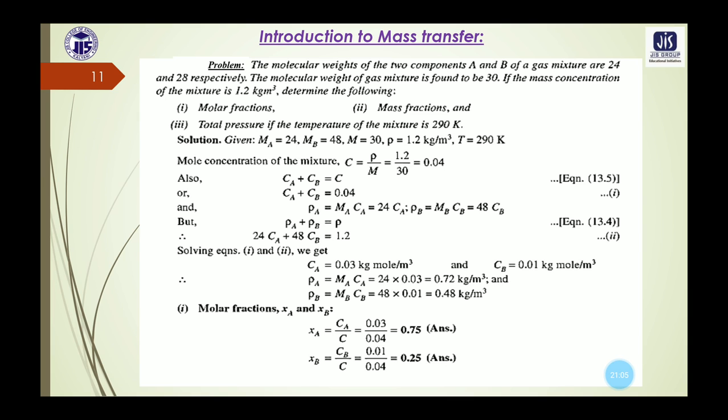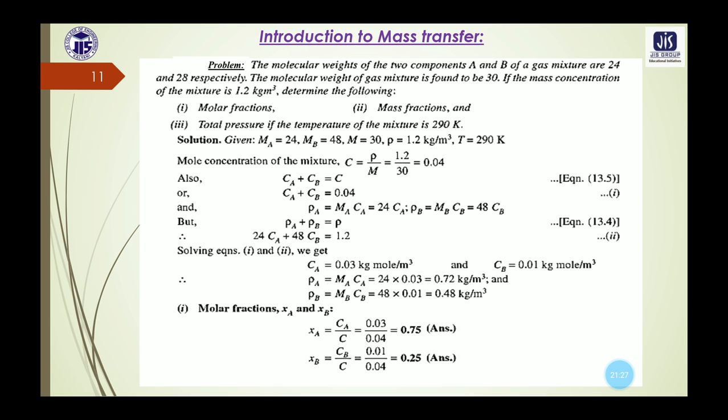So the first numerical says: the molecular weights of the two components A and B of a gas mixture are 24 and 28 respectively. The molecular weight of the gas mixture is found to be 30, and the mass concentration of the mixture is 1.2 kg per meter cube.